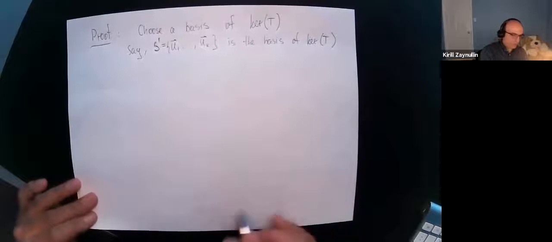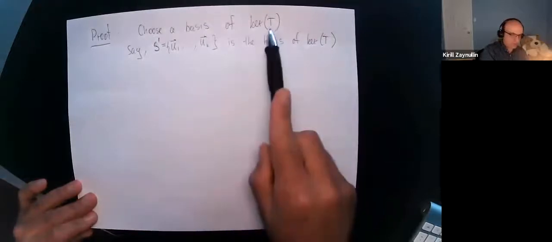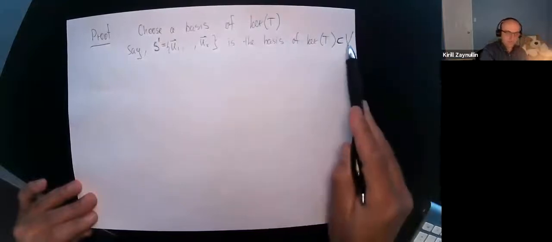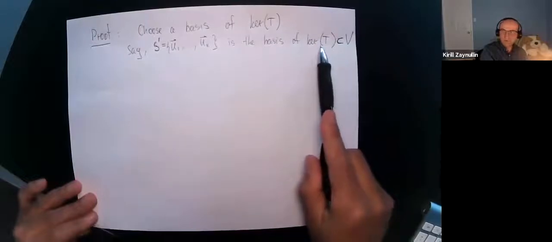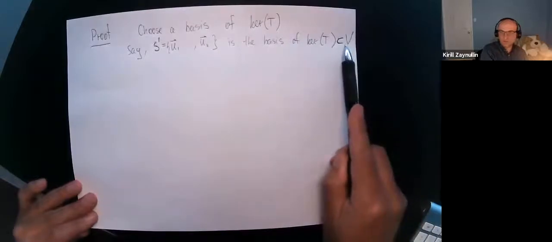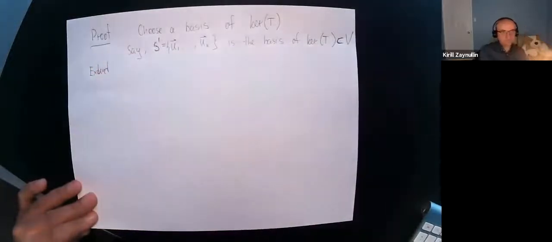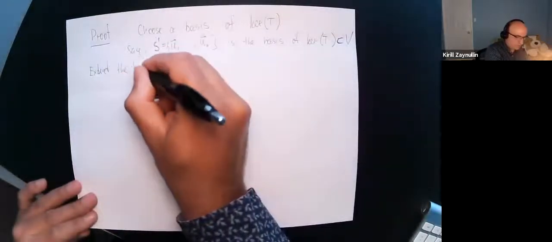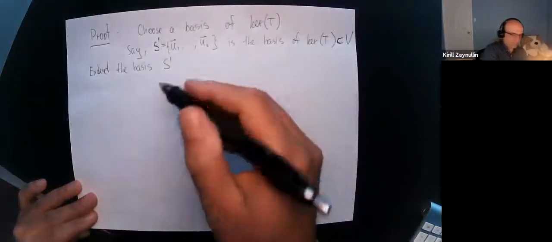Now, we know that such a basis can be extended. This is a subspace of our vector space V, and we all know that any basis of any subspace can be extended to a basis of V. So what we now do is extend the basis S prime to a basis.